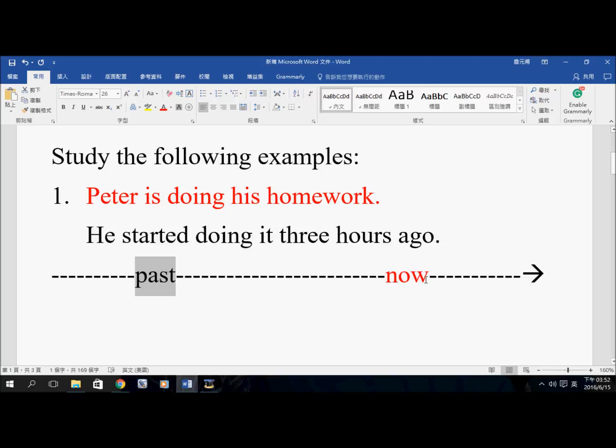Now, for talking about something like this, we know that we can use the present perfect tense. Duration. So for this, we can say that Peter has, now the past participle of the verb do is done. So Peter has done his homework.